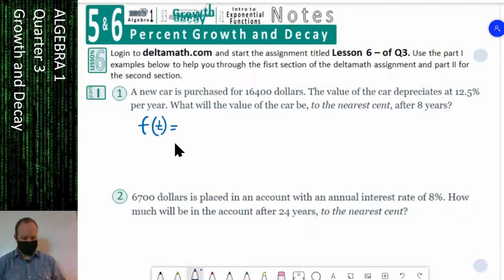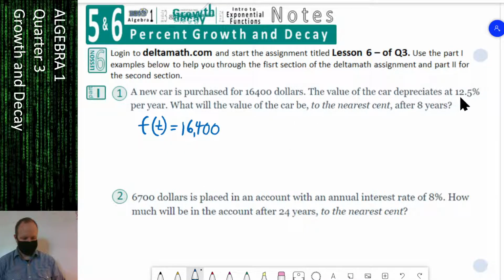And the y-intercept, or that starting point, what number is our starting point for this car? 16,400. That's how much it costs, I'm assuming brand new, or at least when this guy bought it.